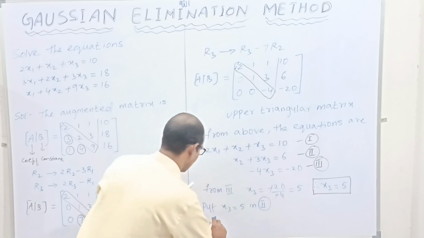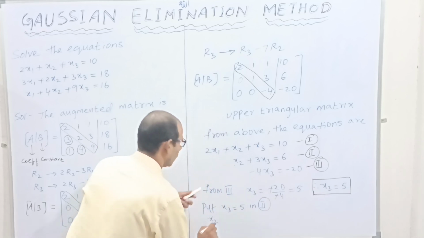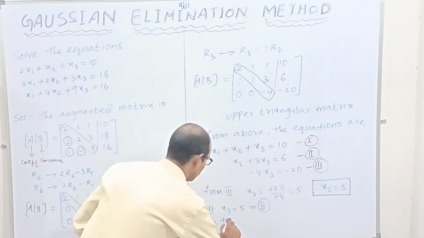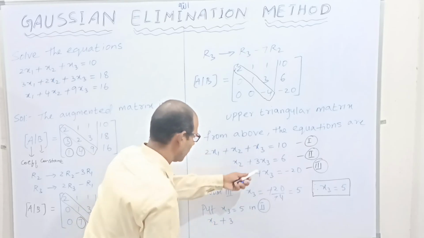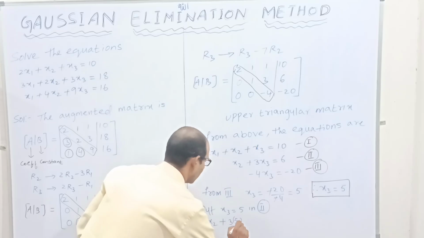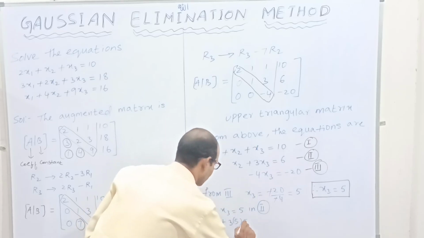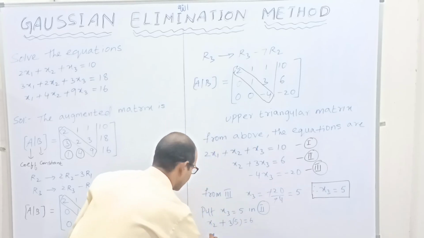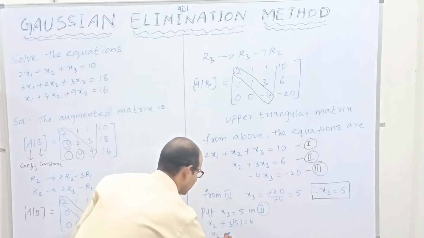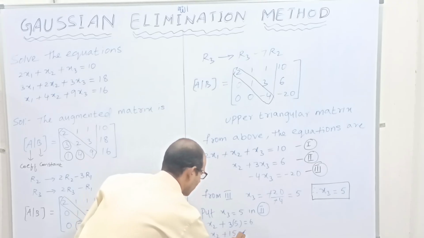It becomes x2 plus 3 into x3, x3 is 5, so 3 into 5 is 15, equal to 6.